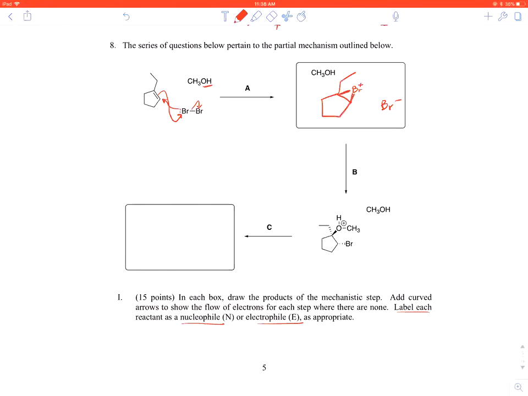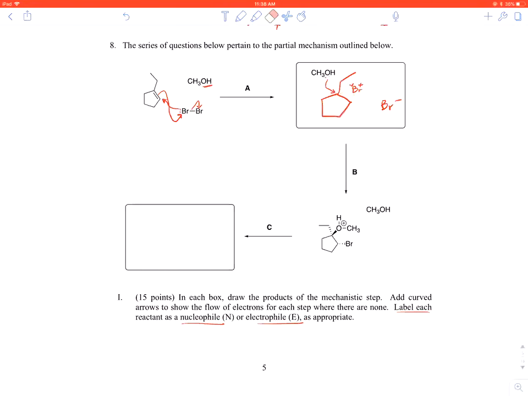So then where are we going? For step B here, it looks like the methanol has added to the more substituted site. So I have a clue as to what needs to happen here. This has to come in and break the Br bond.